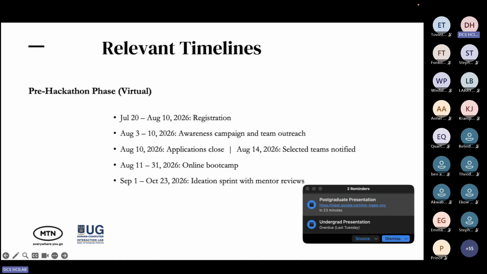But when we get to the ideation sprints and mentor reviews, you will have more tailored mentoring sessions where the respective teams would have the opportunity to meet with mentors and go on with ideation regarding their solution.